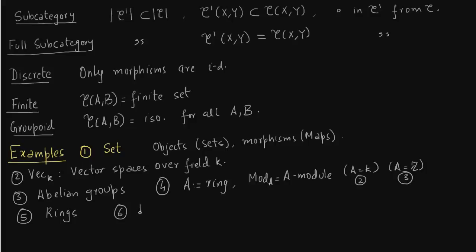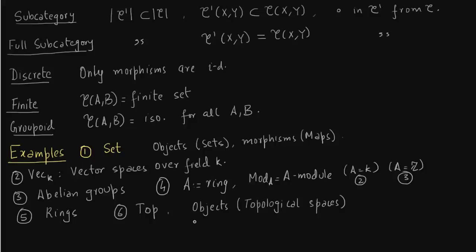So another example is the topological spaces. We will denote this by Top. So the objects are topological spaces, morphisms are continuous maps, and homeomorphisms are isomorphisms in the category Top.